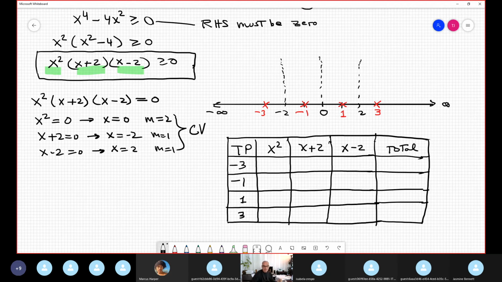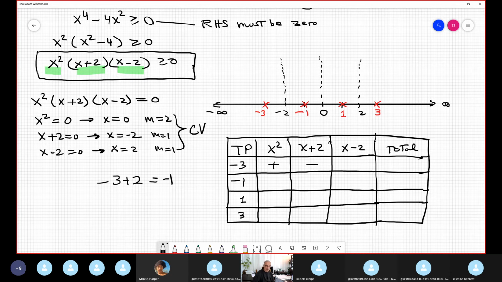Okay, therefore, I try. Suppose -3. Well, (-3) squared is positive. It's obvious, no? (-3) squared is 9. Don't confuse it with -3 squared; this is different. Okay. For x plus 2, -3 plus 2 is -1, negative.